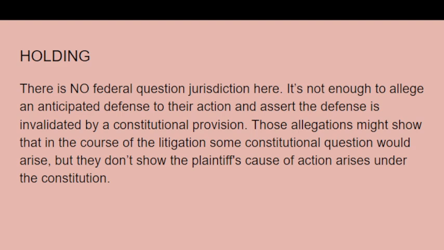Now they bring up, and this is sort of dicta, I guess, that those allegations might show that in the course of the litigation, some constitutional question would arise, but they don't show that the plaintiff's cause of action arises under the Constitution. And it certainly clearly does not. This is a cause of action under state contract law, as I said.